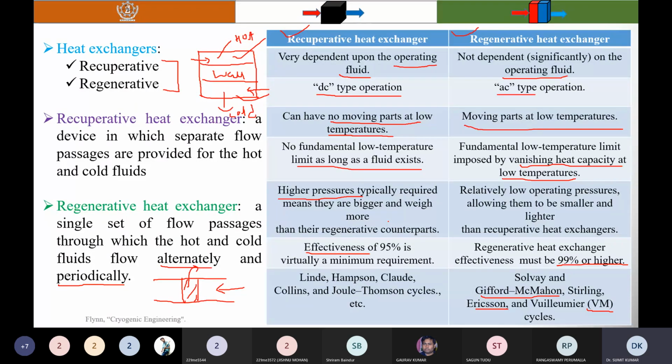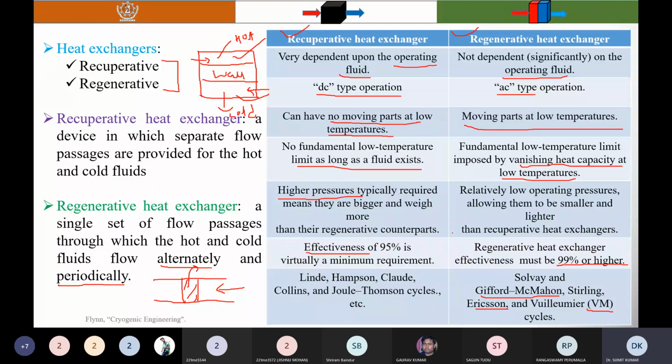The recuperative heat exchanger design you have already studied in our BTech heat transfer course, where, if you remember, to design the recuperative heat exchanger, one is the LMTD method. LMTD means logarithmic mean temperature difference method. Okay. And another method is the effectiveness-NTU method. So the design of the recuperative heat exchanger is comparatively easier than the regenerative heat exchanger.